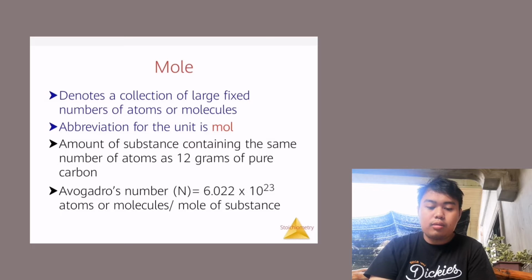Abbreviation for the unit mole, the amount of substance containing the same number of atoms as 12 grams of pure carbon. Avogadro's number equals 6.02 times 10 to the 23rd atoms or molecules per mole of substance.